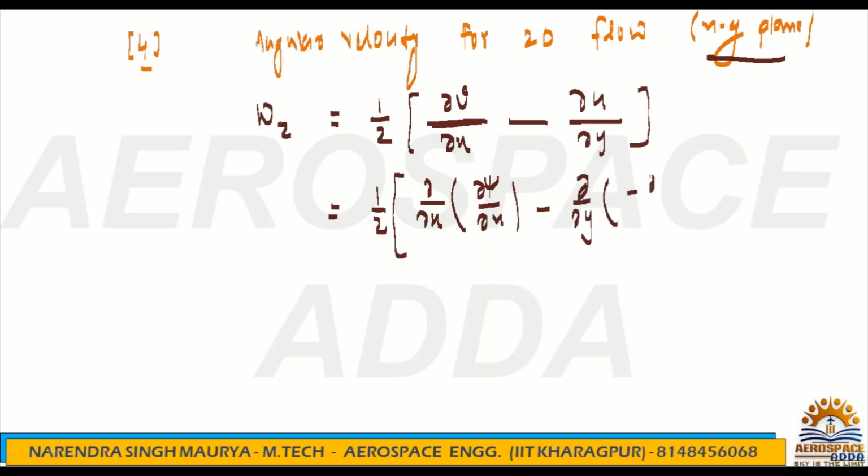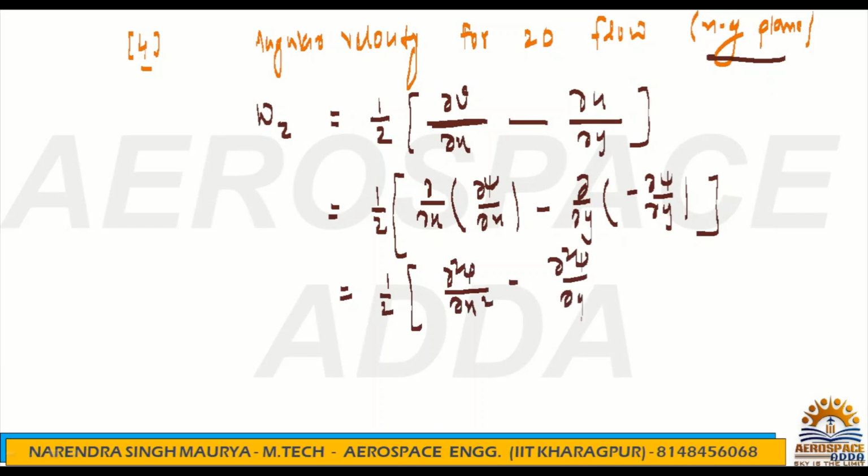U is nothing but minus dou psi by dou y. So it's nothing but 1 by 2 in bracket, dou square psi by dou x square minus dou square psi by dou y square. Right? This is nothing but omega z.